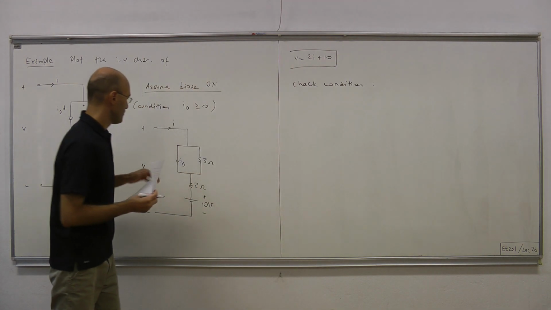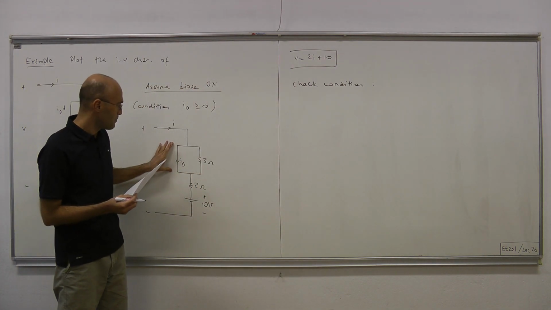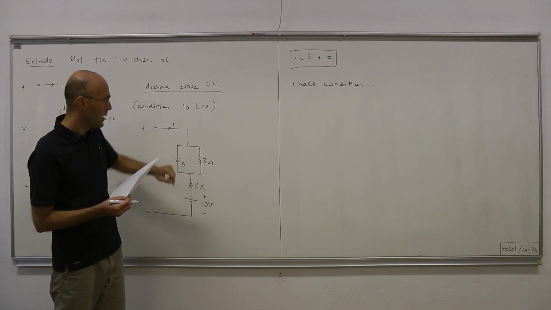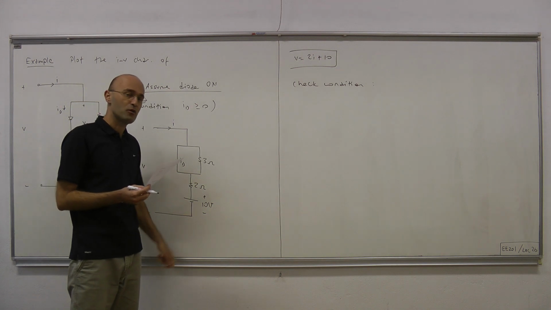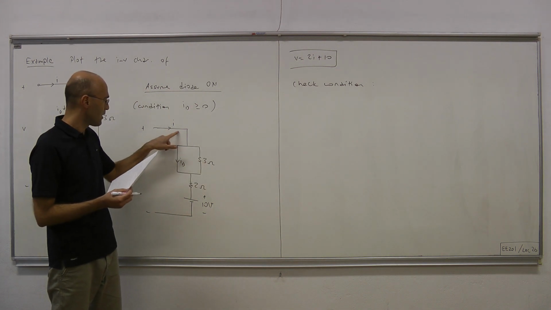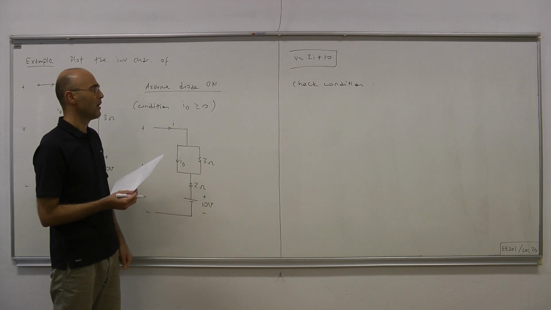Now, since the voltage drop across the diode is 0, the voltage drop across the terminals of the 3 ohm resistor is 0. That means no current is passing through the resistor, since 0 over 3 is 0. That means this current I exactly equals the current passing through the ideal diode.